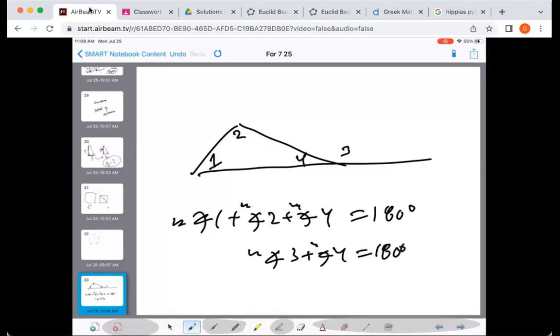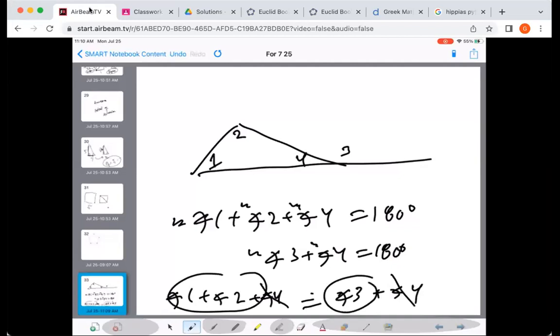So 1 plus 2 plus 4 is equal to 3 plus 4. And then if you subtract away the 4s from both sides. But no, you wouldn't be asked to prove that.